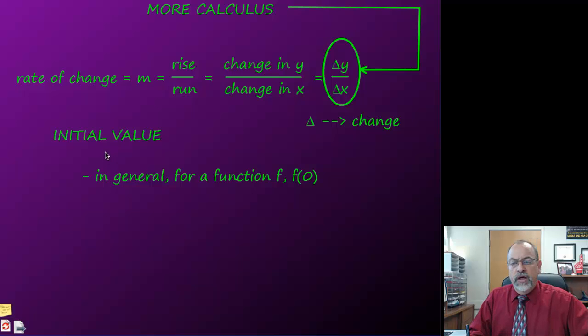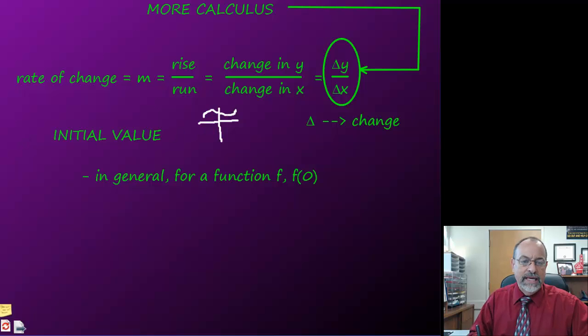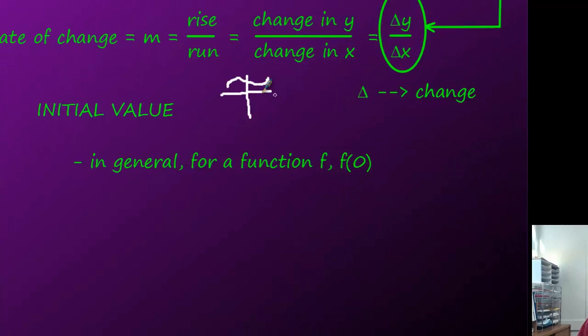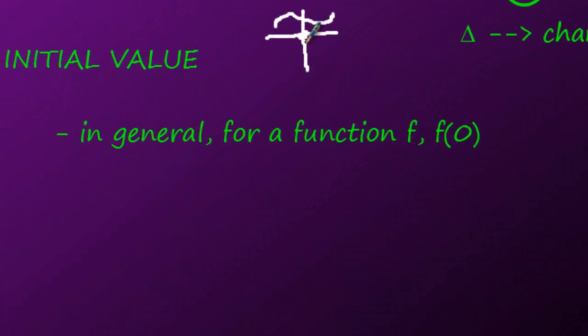So the initial value, what we want to talk about, the beginning value for a function f, is usually f of 0 when you substitute in 0 into the function. Because again, if we think about a graph of a function, when we're relating it to a real world problem, time usually starts here at 0, or whatever we're talking about on the x-axis.